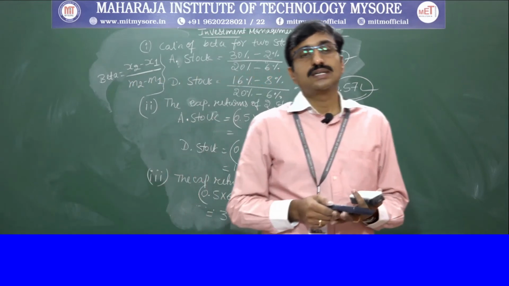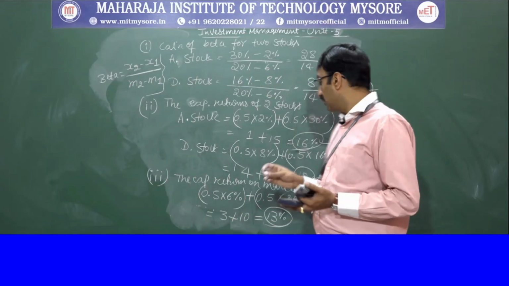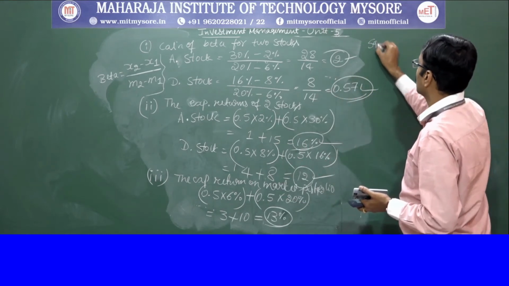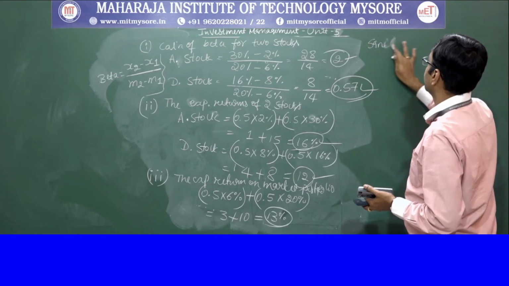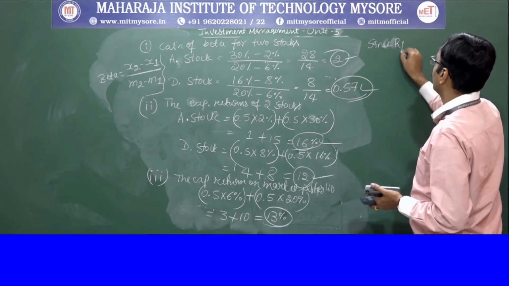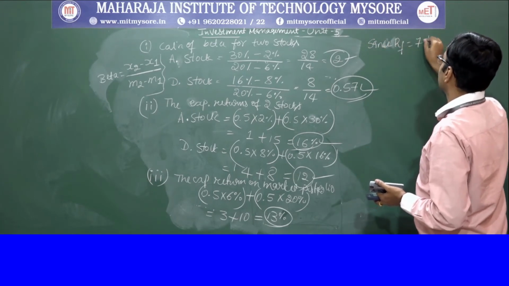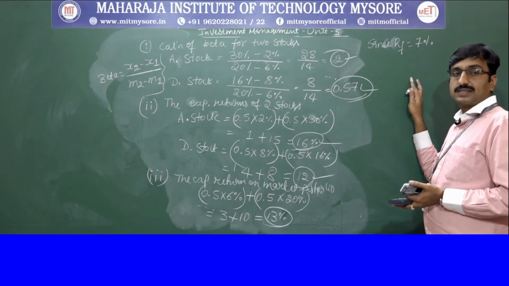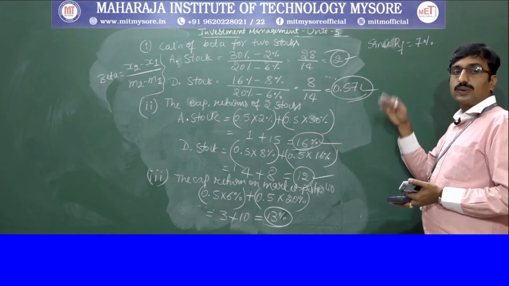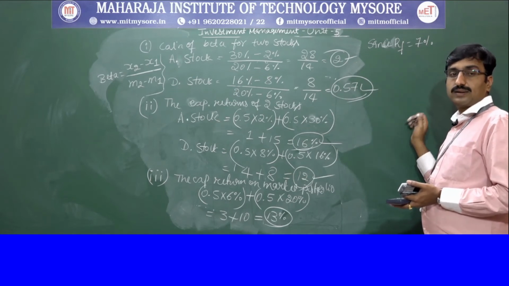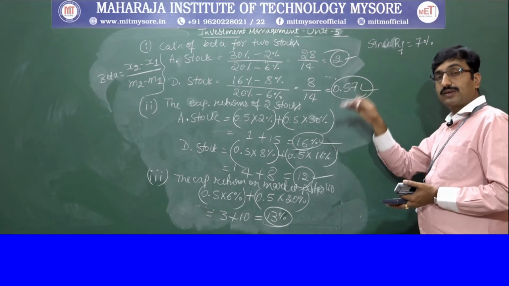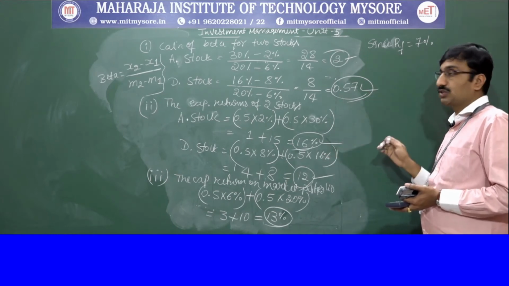Since RF is equal to 7%, what could be the required rate of return for the aggressive stock and the defensive stock?